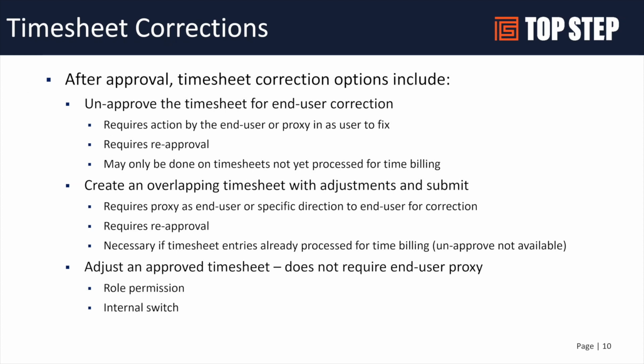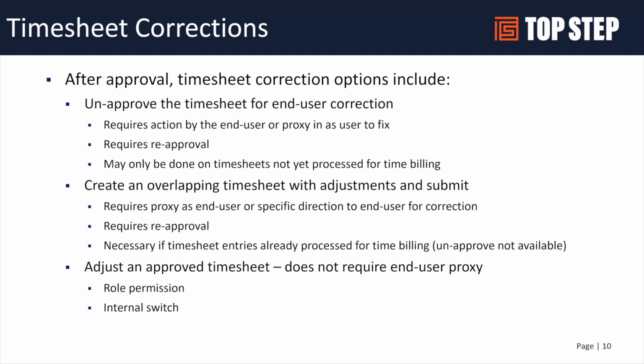Inevitably, you're going to run into the situation where a timesheet needs to be corrected. What are my options? If the timesheet has been approved, but hasn't been run through any billing process, then if you have permission, you can go ahead and unapprove the timesheet and alert the end user their timesheet's been unapproved, so that they can go in, edit the timesheet, and resubmit it.